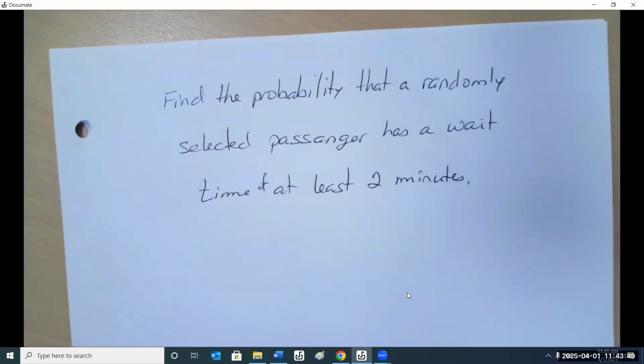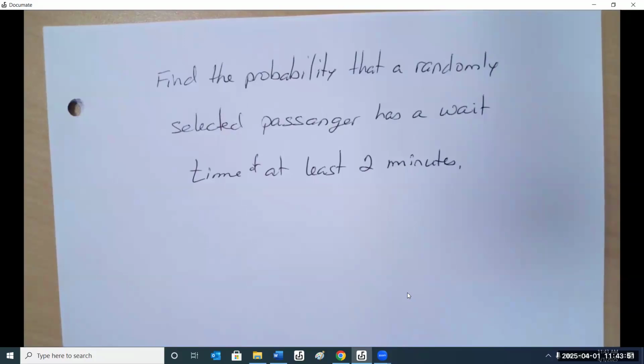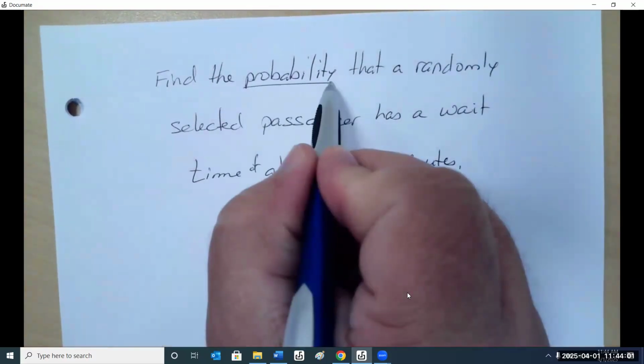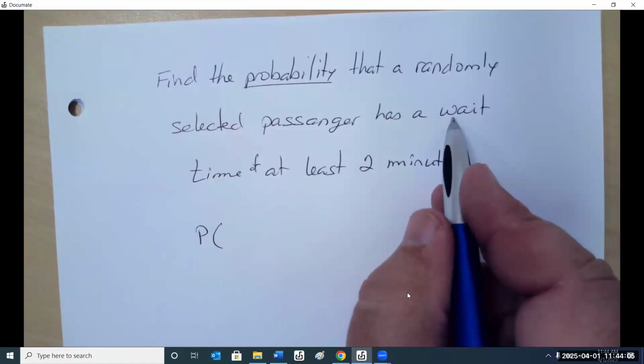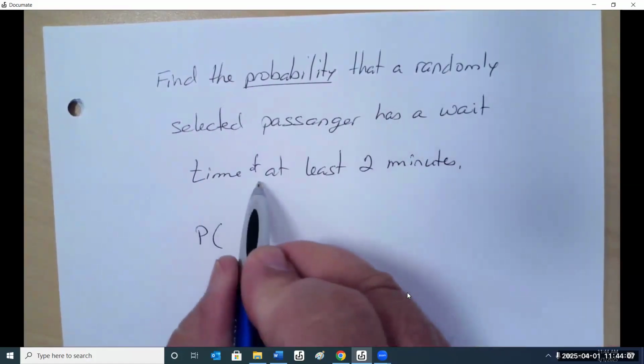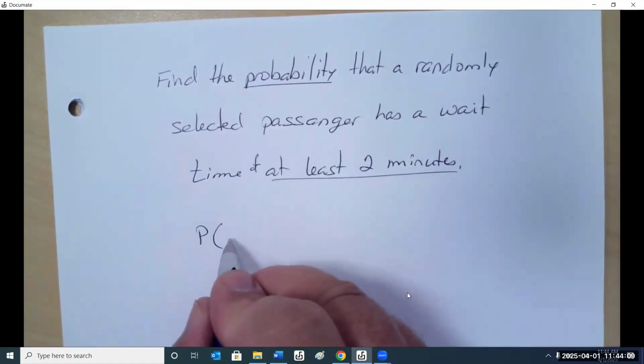So how would you do that? Remember, we're looking for the probability of the passenger waiting at least 2 minutes.